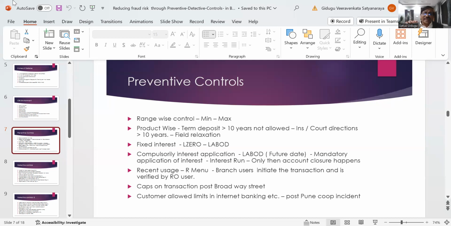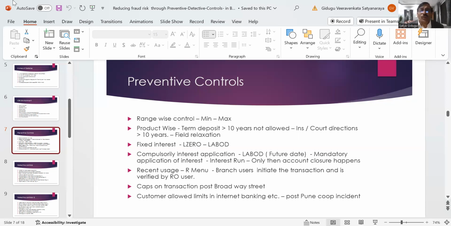Recently some banks have introduced certain things. If something is beyond the limit, the transaction should be authorized by the regional office or someone else. After the Broadway Street incident, the Reserve Bank of India suddenly came to know, and they suggested, that huge SWIFT amounts are going outside. 2,000 crores, one LOU.